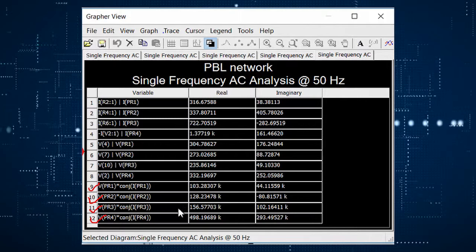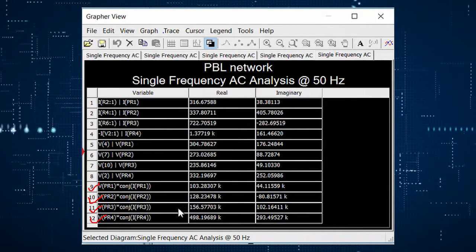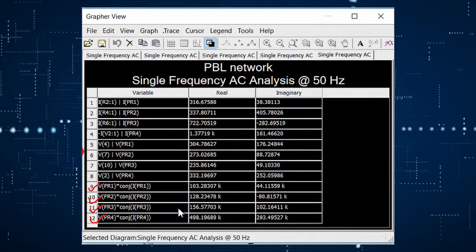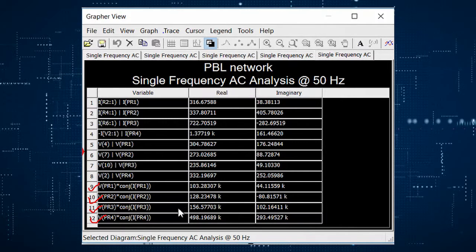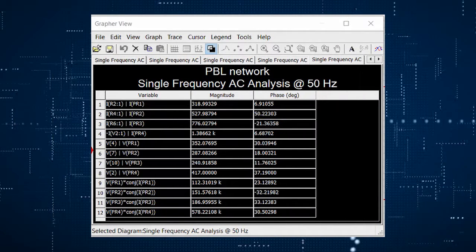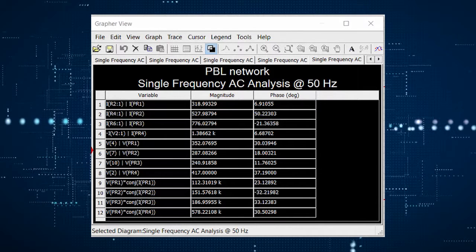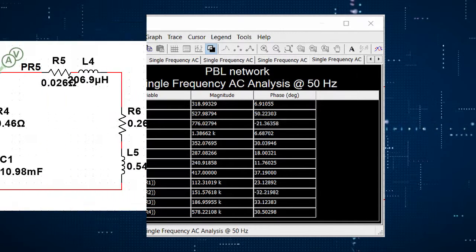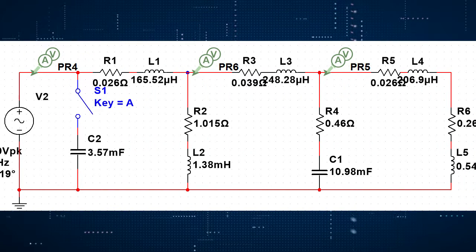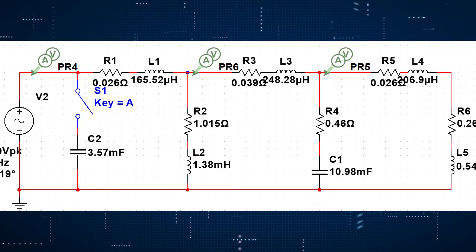If the graph view shows result in real and imaginary both, the real part of the values indicates real power while the imaginary is reactive power. If the graph view is in magnitude or phase mode, the magnitude and phase show the apparent power in polar form. Besides, we also place voltage and current probes in the transmission line to prove that the calculation is correct.